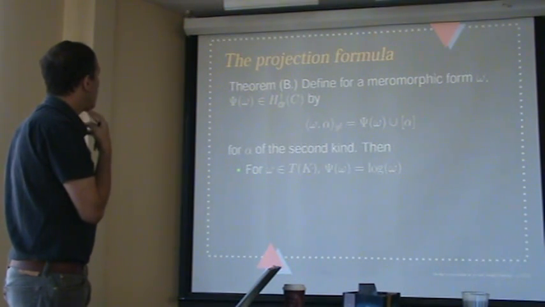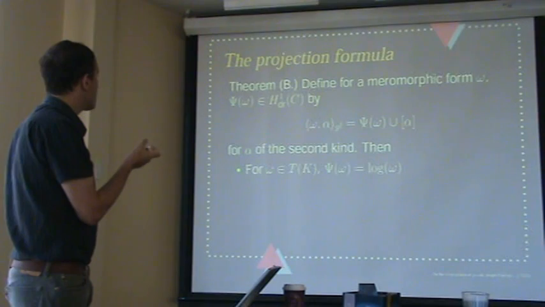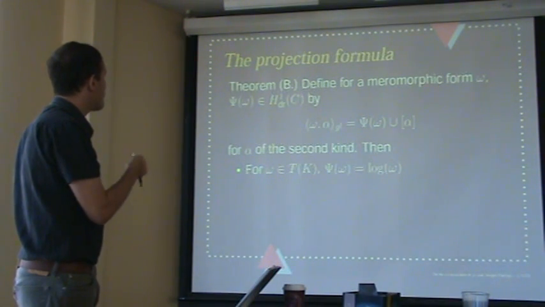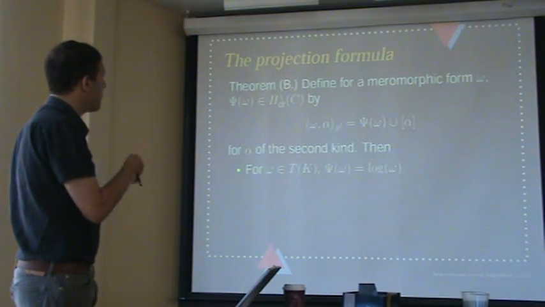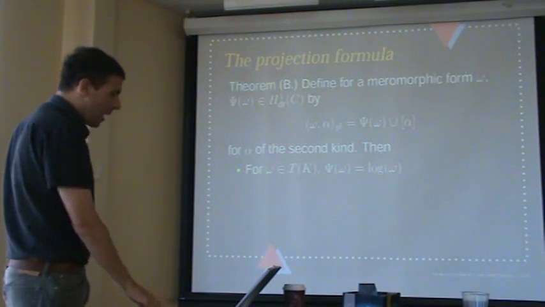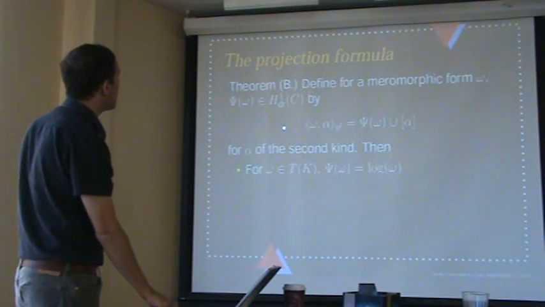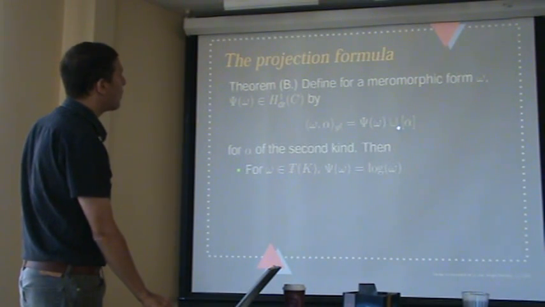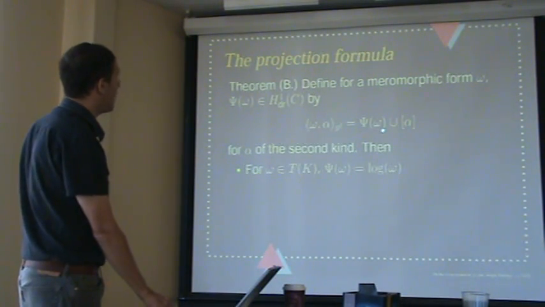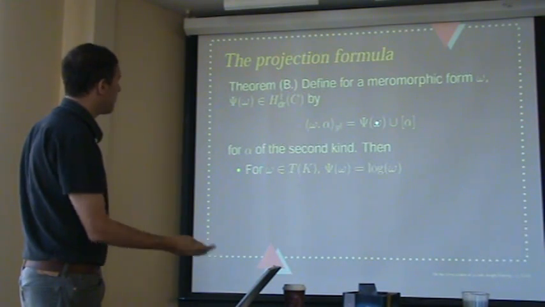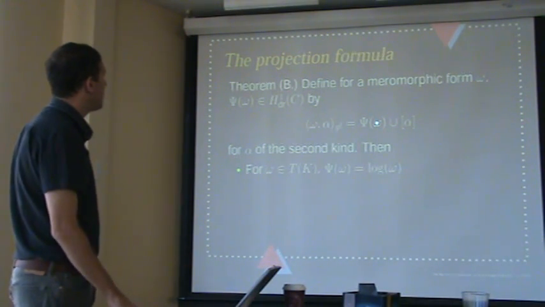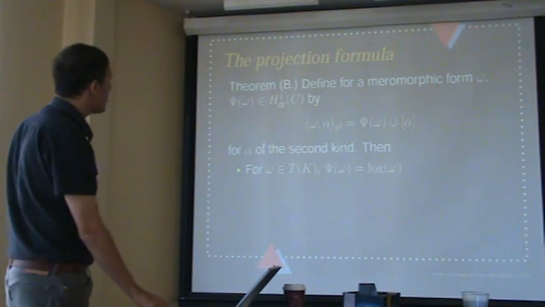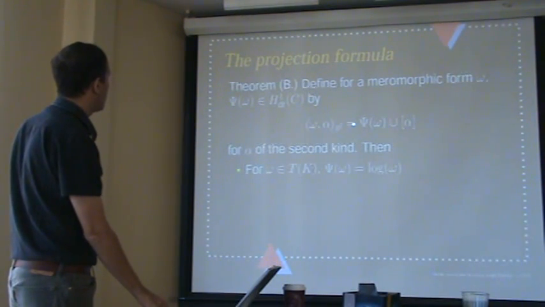The de Rham cohomology has a basis which consists of forms of the second kind, so meromorphic forms but with no residues. I take the global index of omega and alpha, where alpha is one such form of the second kind, and I insist that this is the same as psi of omega cup product with the class of alpha. That defines psi uniquely, since the cup product pairing is non-degenerate.